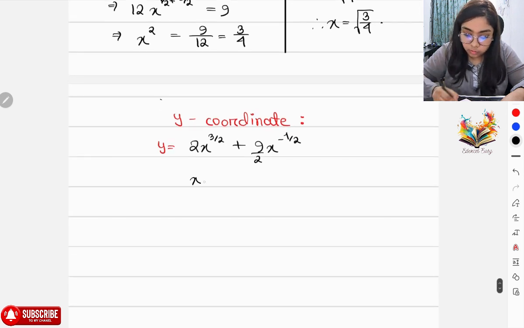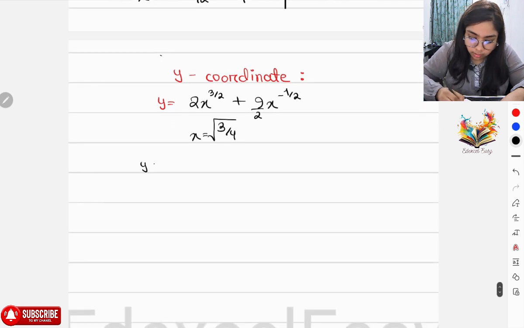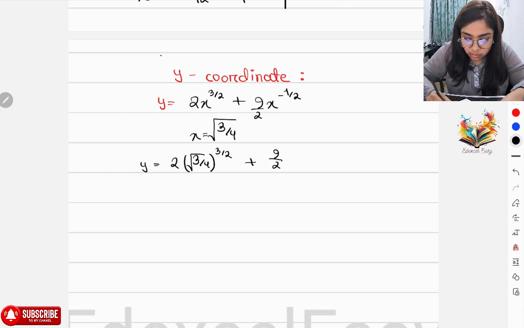Now I will just input the x coordinate, root of 3 over 4, and that would give you 2 times 3 over 4 inside a root, to the power of 3 by 2, plus 9 by 2 times root of 3 over 4 to the power of negative half.